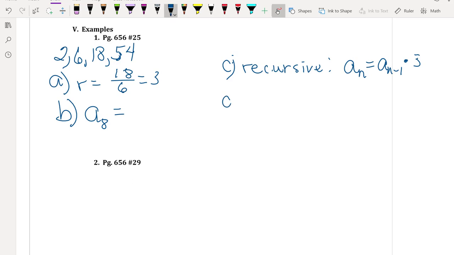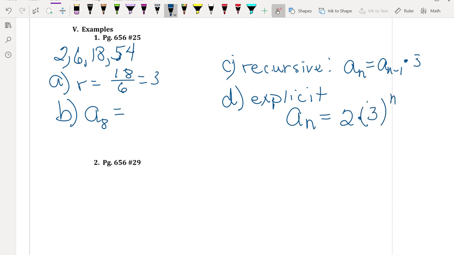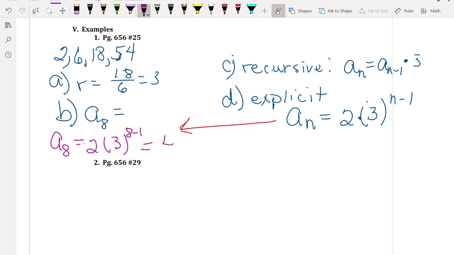And my explicit formula is going to be a sub n equals 2 times 3 to the n minus 1. So that's the one that I am going to use here. So a sub 8 is going to equal 2 times 3 to the 8 minus 1 power, which is 4,374.